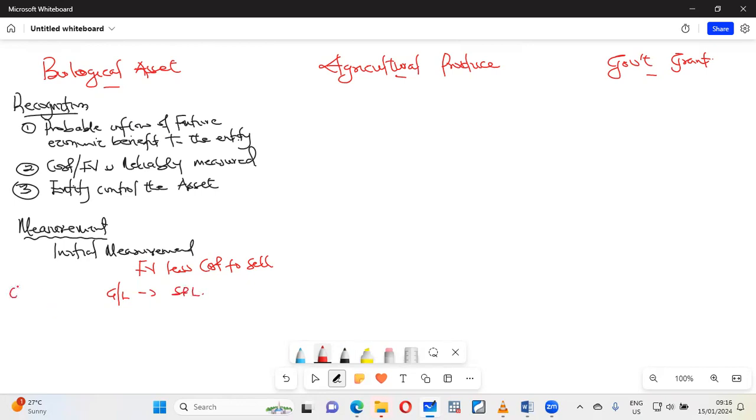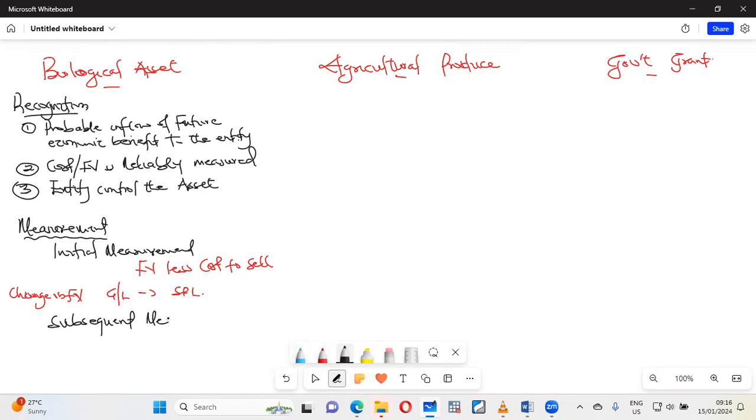When there is what? A change in fair value. If there is any change in fair value. All right. We will look at the figure so you will see what we are talking about here. Then subsequent measurement, the standard says that you need to measure the thing using the fair value at the reporting date again. So find out the fair value at the reporting date.